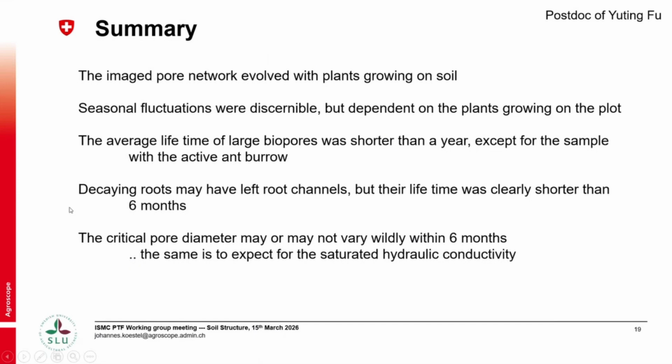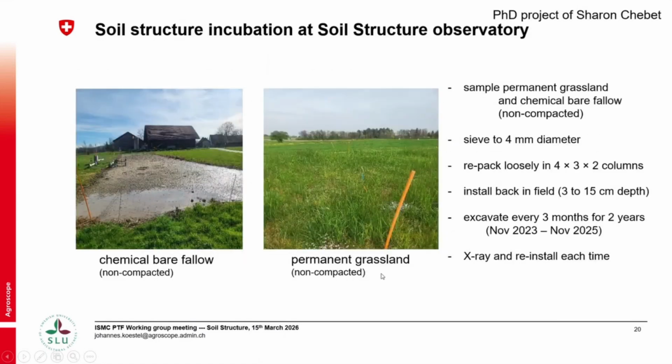The decaying roots may have left root channels after decay, but the lifetime of these root channels was very, very short, clearly shorter than 6 months. And the critical pore diameter and the saturated hydraulic conductivity probably varied widely in the individual columns. And then I hope I have time for the last experiment.